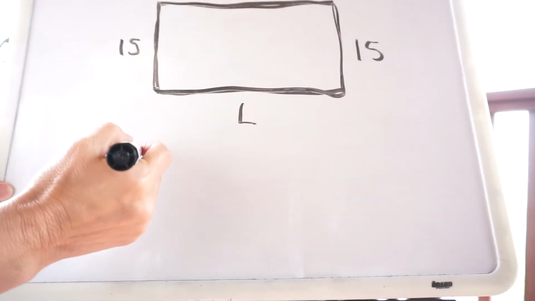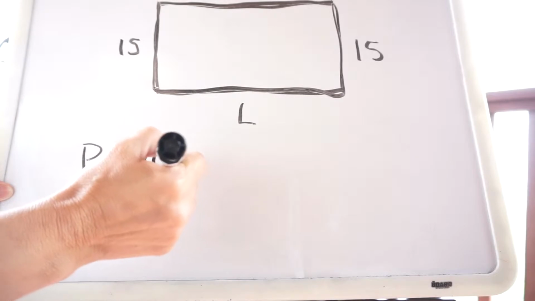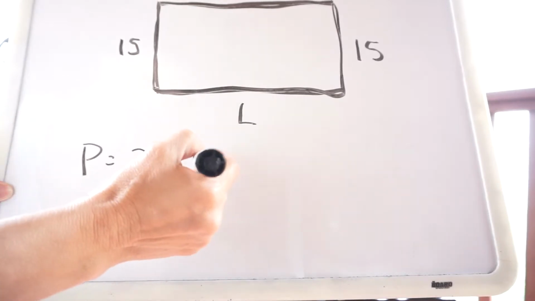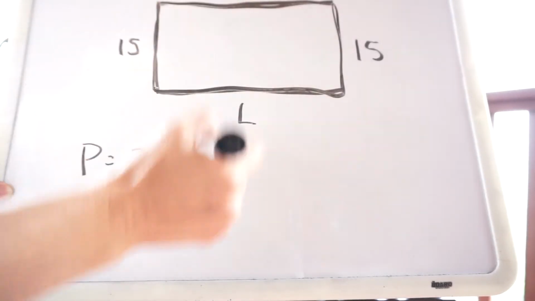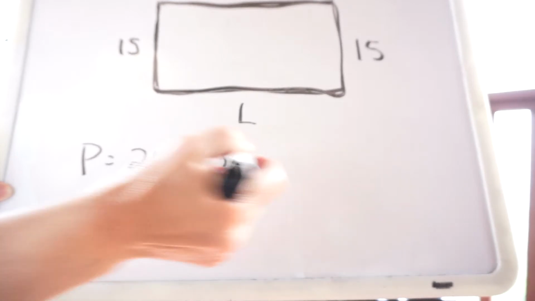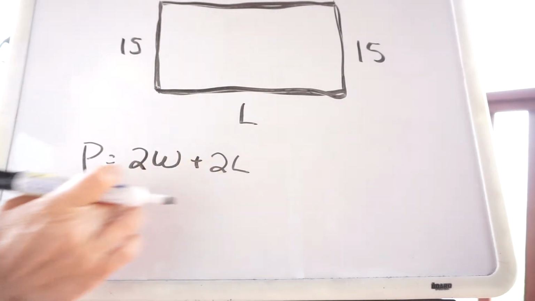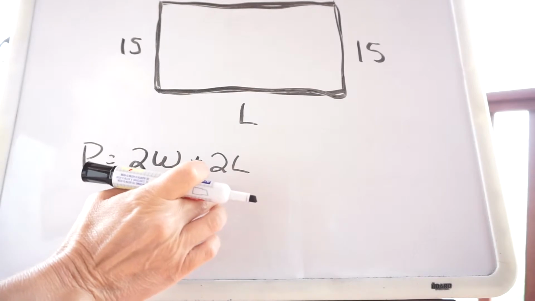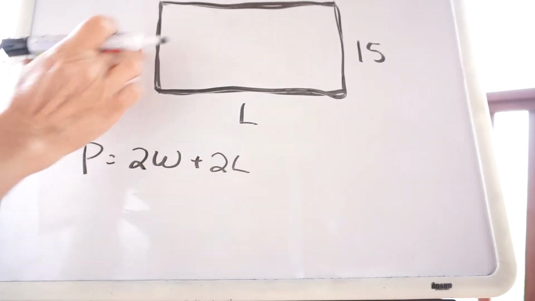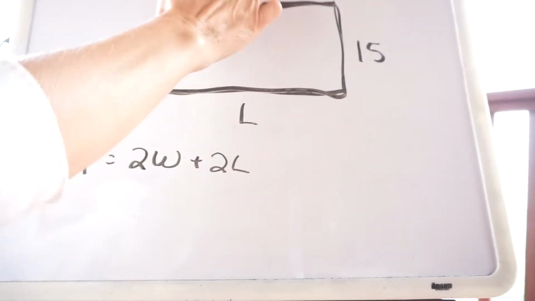Now remember that perimeter is all of the sides. One of the formulas is you can do 2 of the width plus 2 of the length. So we have that formula, and now we're just going to plug in the numbers that we know. And even if you didn't remember this formula, you just know that perimeter is this plus this plus this plus this.